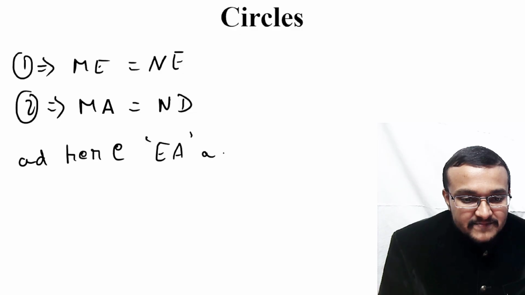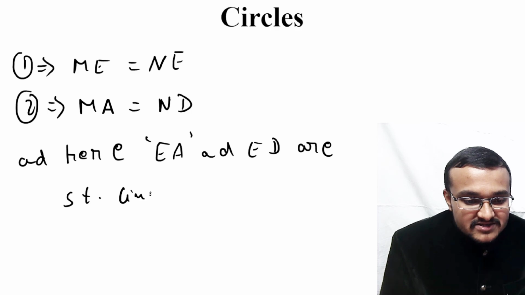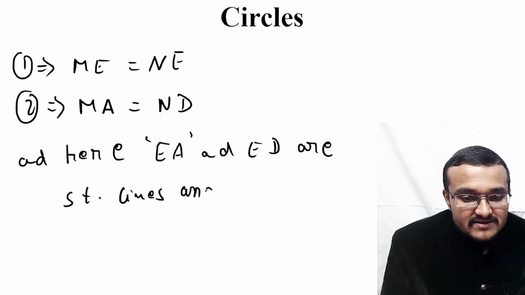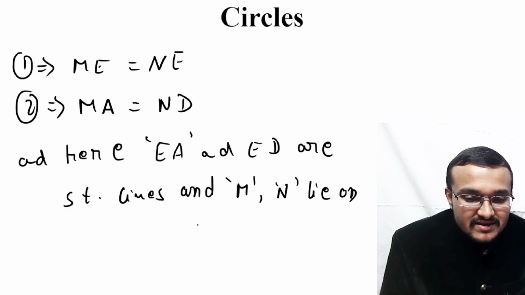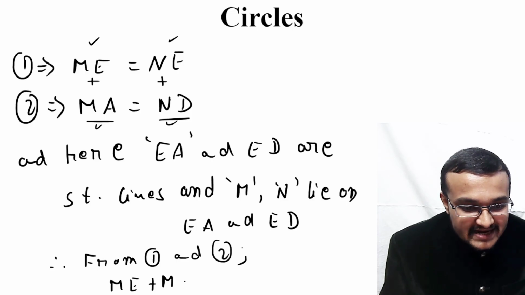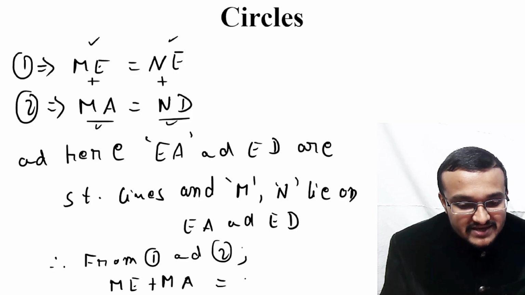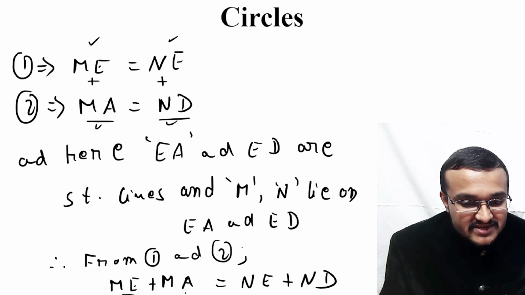Here EA and ED are straight lines, and M and N lie on EA and ED. So ME plus MA and NE plus ND you can add together. Here ME is equal to NE and MA is equal to ND.